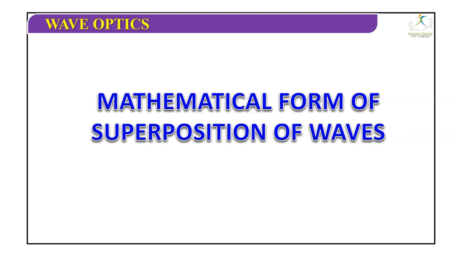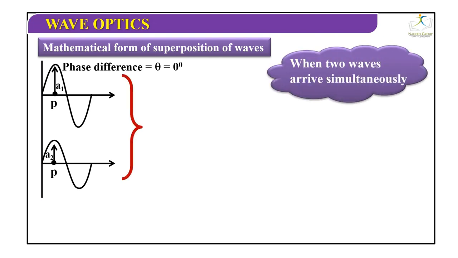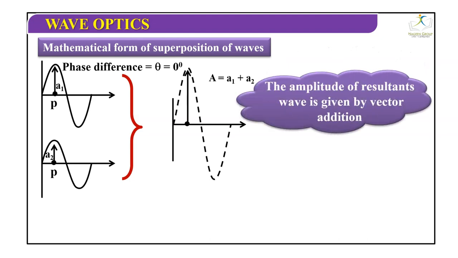Now, next we are asking what will actually be the mathematical form of the superposition of waves. In this case, the phase difference will be zero, meaning they are in the same phase. So when two waves arrive simultaneously and they have the same phase, in that scenario the amplitude will be maximum. The amplitude of the resultant wave is given by vector addition, that is A equals under root A1 square plus A2 square plus 2A1 A2 cos theta.